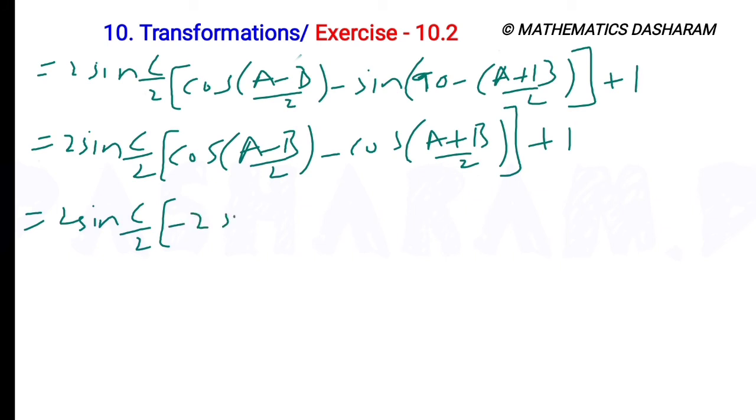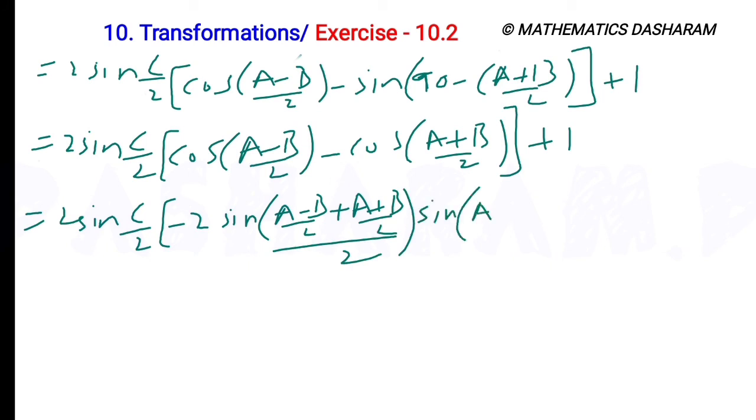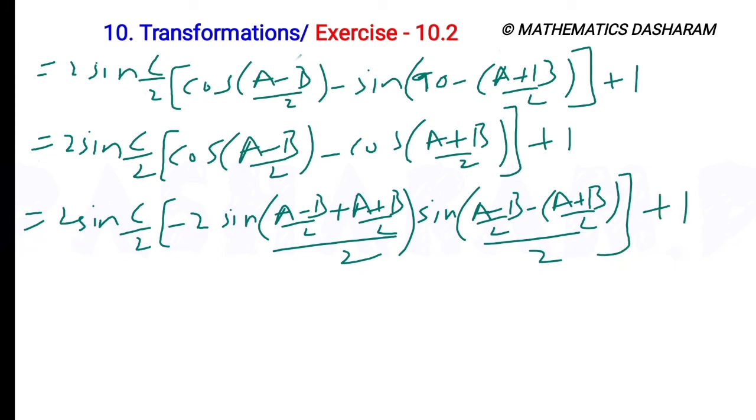So minus 2 sin (A minus B)/2 plus (A plus B)/2 by 2 into sin (A minus B)/2 minus (A plus B)/2 by 2 plus 1.